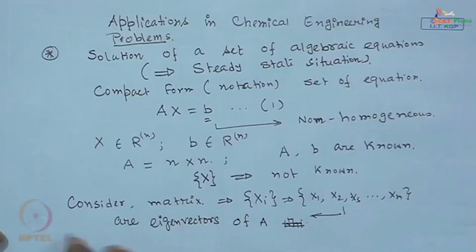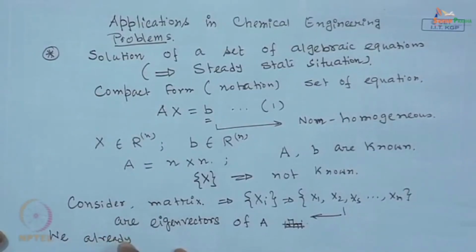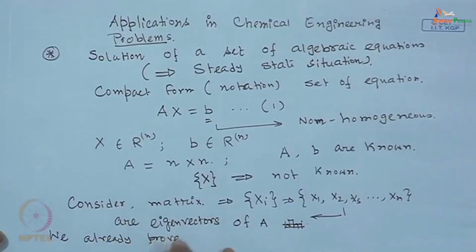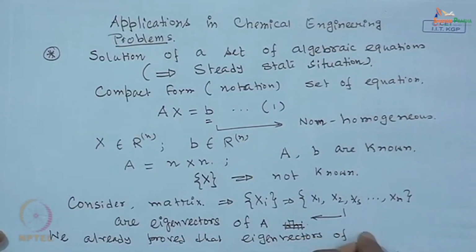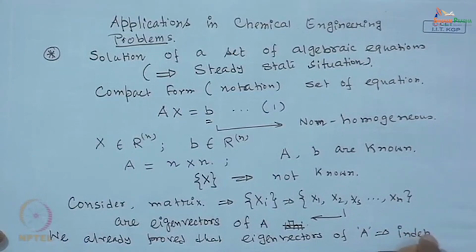So, therefore, we already proved that eigenvectors of a matrix A are always independent, they form an independent set of vectors. So, therefore, they form a basis set.